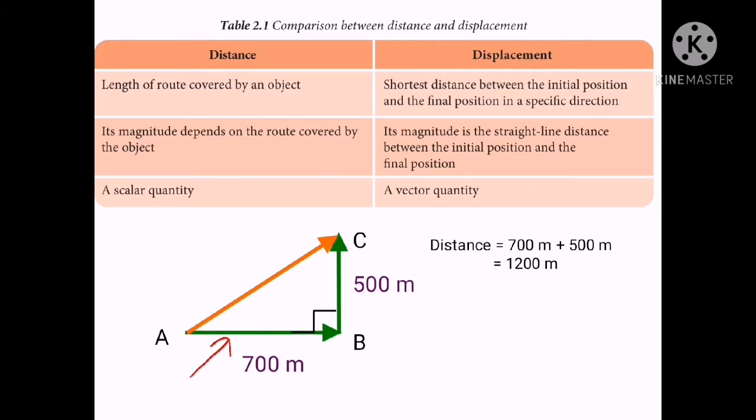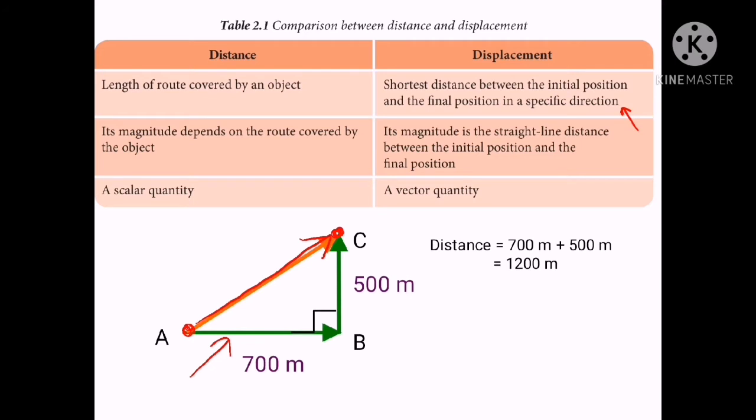Okay. Now what about the displacement? Remember, displacement is the shortest distance between the initial position and the final position in a specific direction. In this case, your initial position is here. Your final position is here. So your displacement will be represented by this orange arrow.